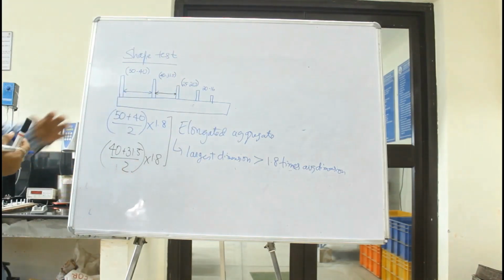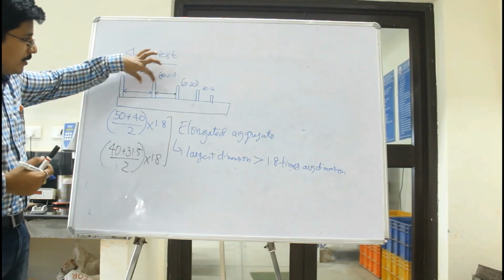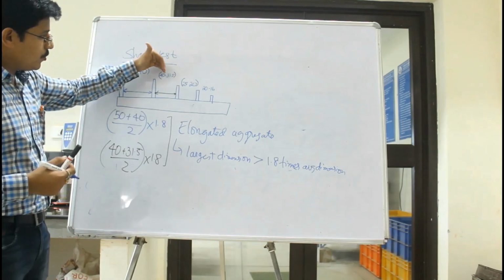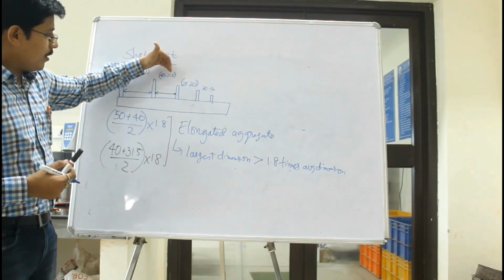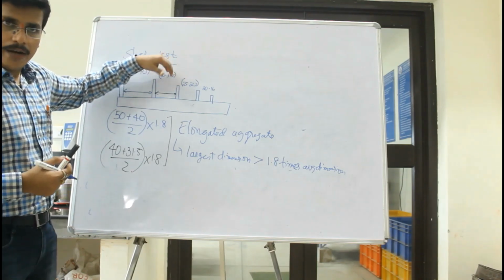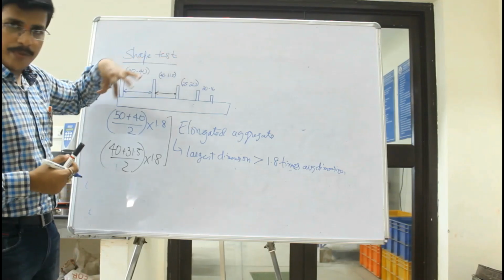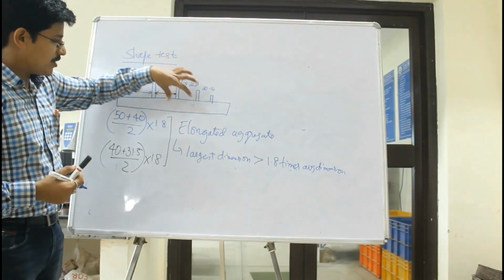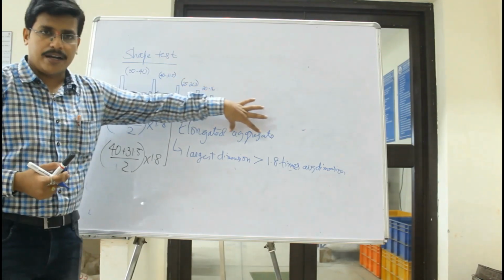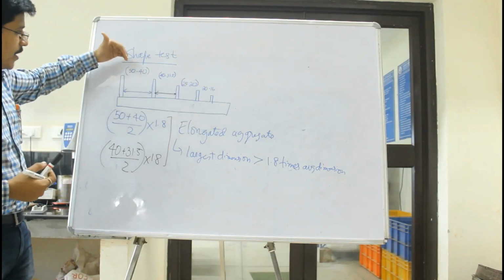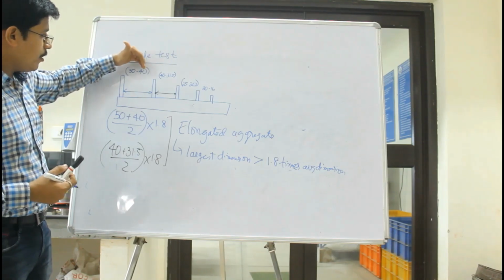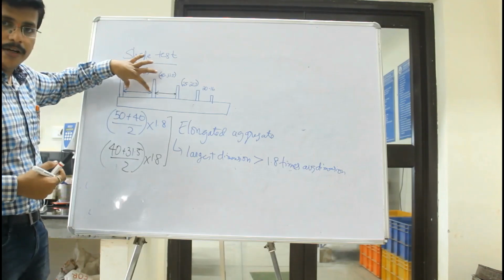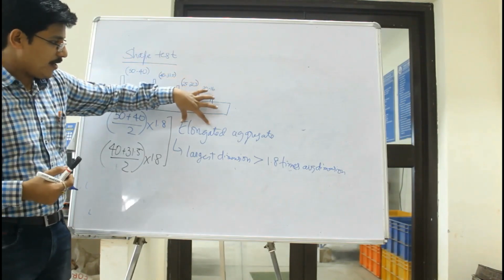This way, we can see this will be around 81 mm, and this will be around 64 mm. So any aggregate passing through the 40 mm sieve and retained on the 31.5 mm sieve, with a length dimension more than 64 mm, can be classified as an elongated aggregate. Similarly, an aggregate passing through the 50 mm sieve and retained on the 40 mm sieve, with a length dimension more than 81 mm, can be considered an elongated aggregate.